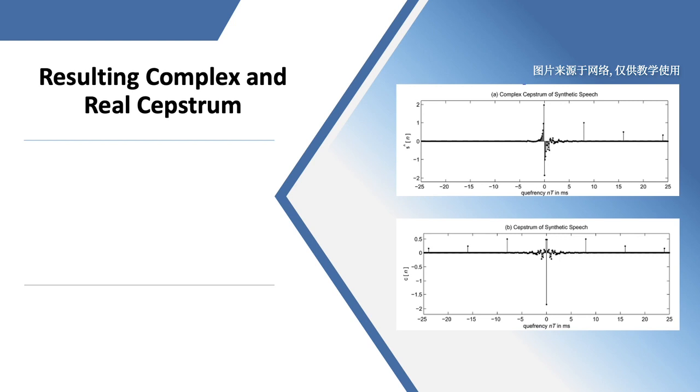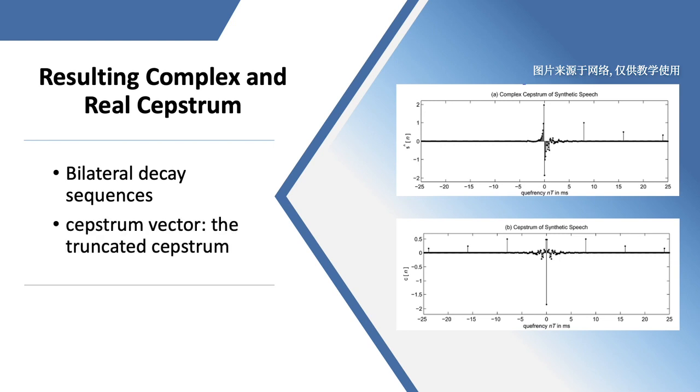Both real cepstrum and complex cepstrum are bilateral decay sequences, and the energy is concentrated near the origin point, which is why it can be approximated with a limited number of coefficients. Therefore, people regard the truncated cepstrum signal as the cepstrum vector. For voiced speech, there are obvious peaks in frequency domain.